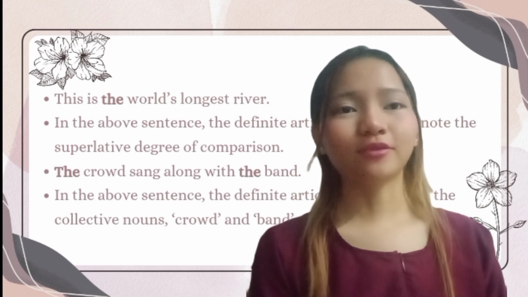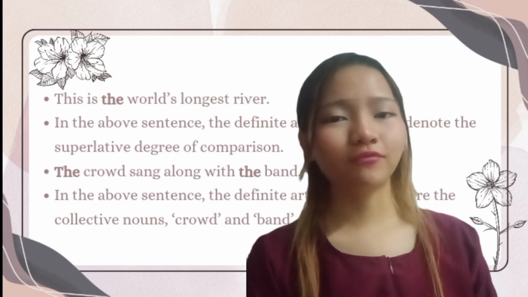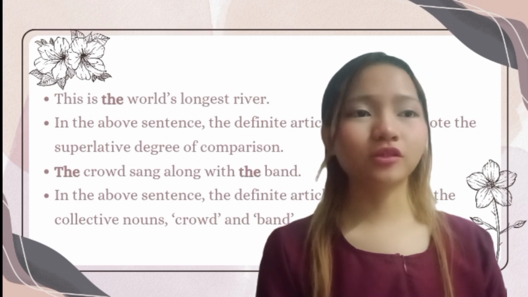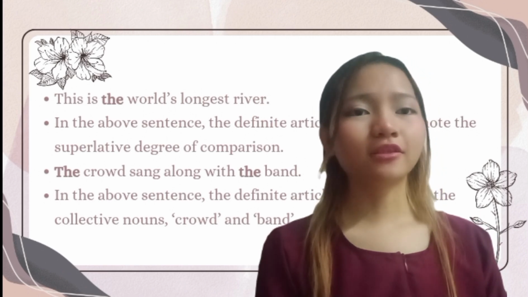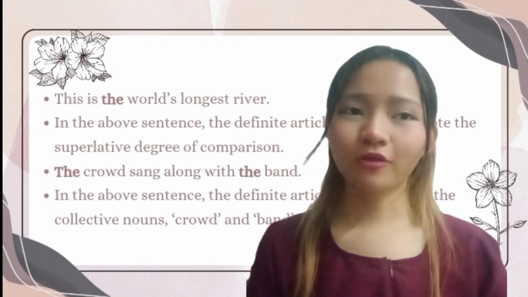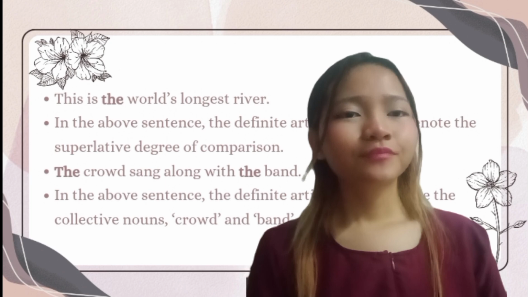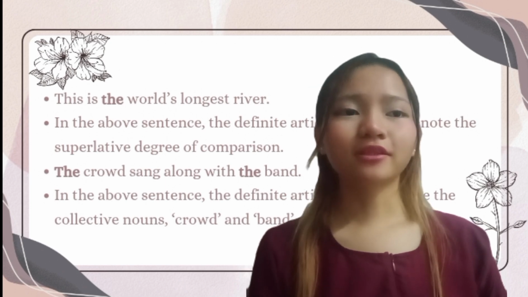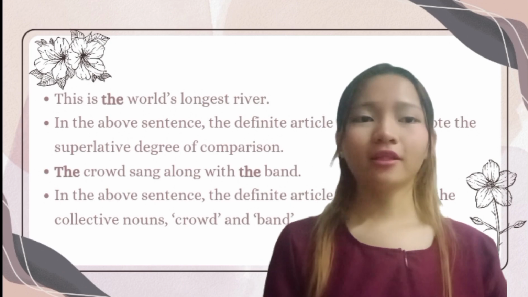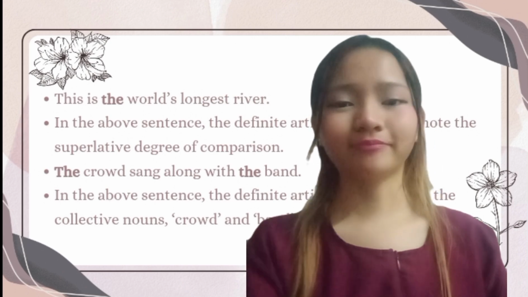This is the world's longest river. In the above sentence, the definite article is used to denote the superlative degree of comparison. The crowd sang along with the band. In the above sentence, the definite article is used before the collective nouns crowd and band.